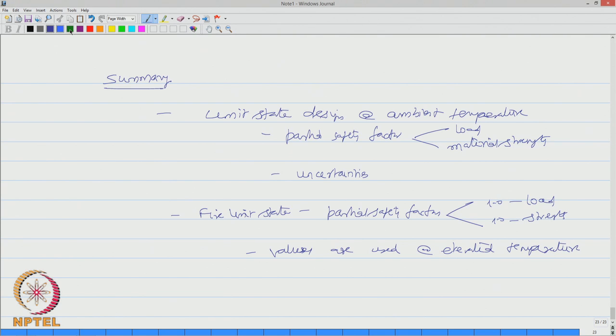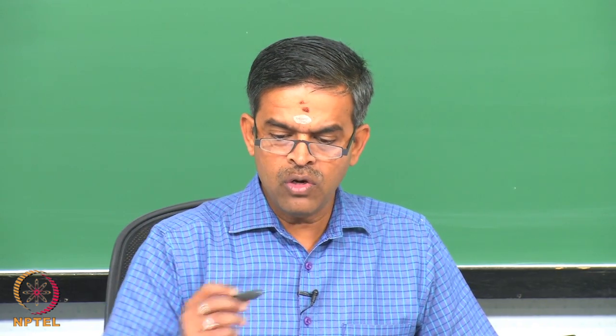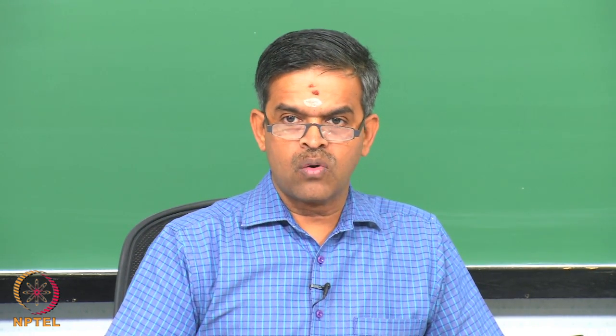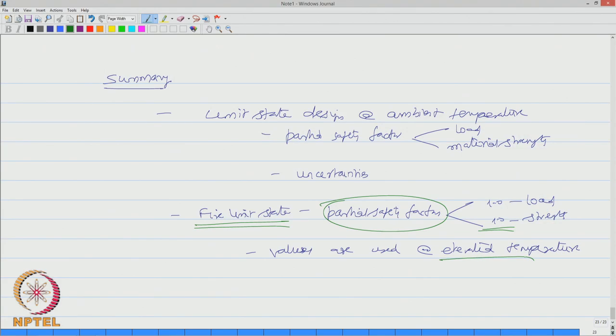On the other hand, please note the partial safety factors used in fire limit state do not account for uncertainties that arise in material strength because of elevated temperatures. That is very, very important. We do not use a factor to account for reduction in strength at elevated temperature. You must use the actual strength at elevated temperature in the design.